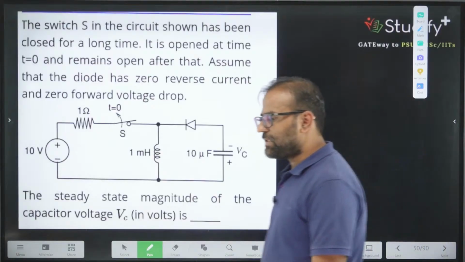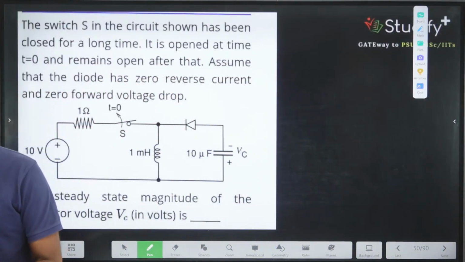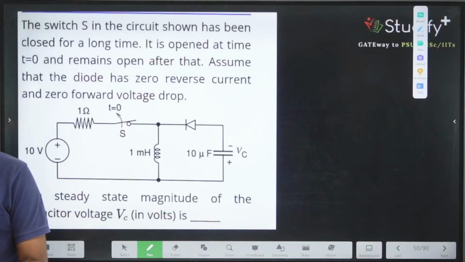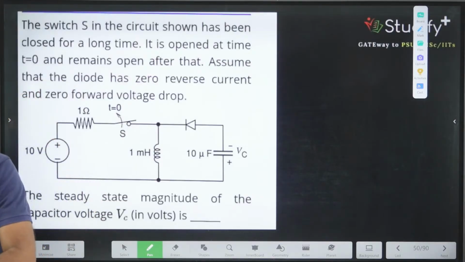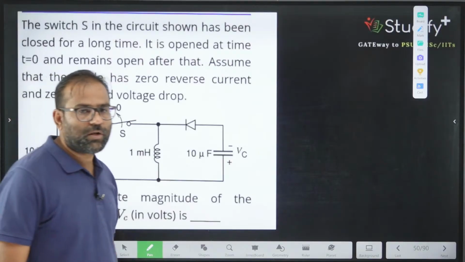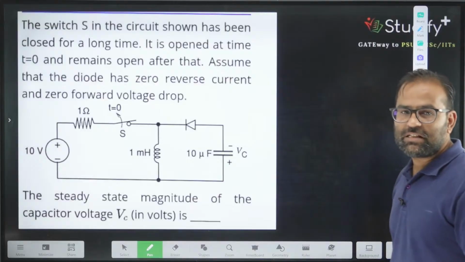Okay. One more circuit is given. In this circuit, what are they talking about? The switch S in the circuit has been closed for a long time.